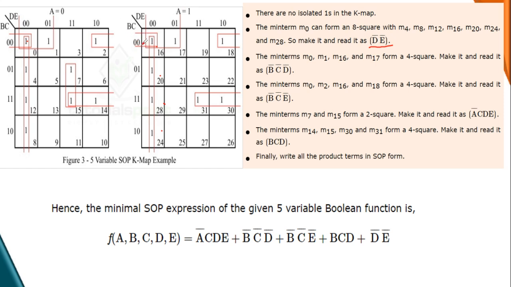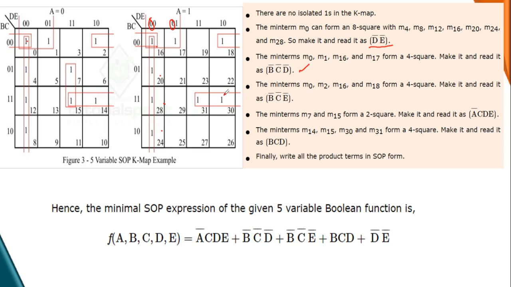Row wise, BC are 0, 0, hence B bar C bar will be in the minimal expression. Next, column wise, DE is 0, 0 for 0 and 0, 1 for 1; in the same manner for 16 it is 0, 0 and for 17 it is 0, 1. So the common variable is D with 0, hence D bar is also a variable in the product. So B bar, C bar, D bar.